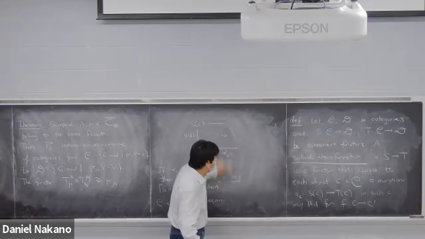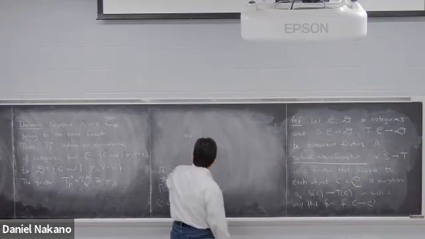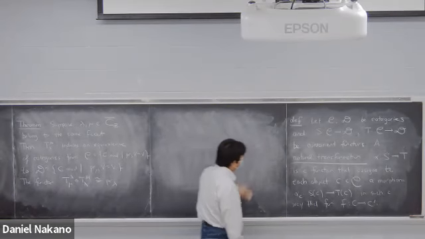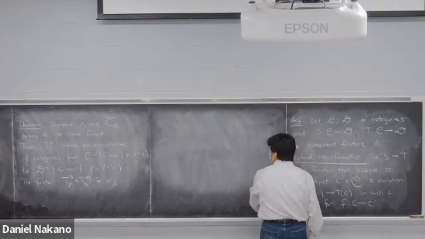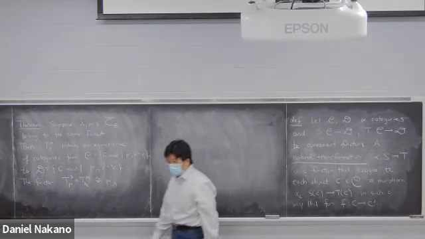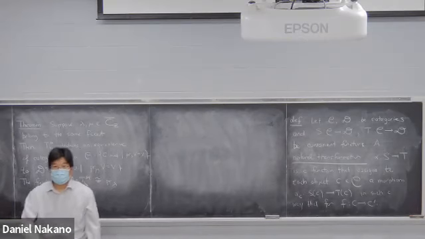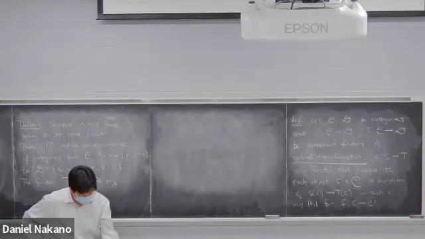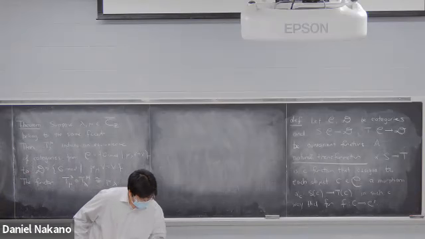First of all, we employ the adjointness, and then for each object, what we have to do is show that the natural transformation actually is an equivalence. So let's do that.